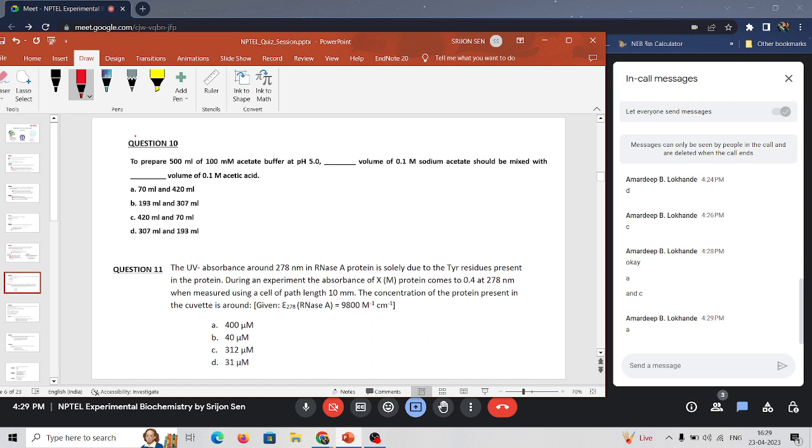So what is the formula you are going to use over here? Henderson-Hasselbalch's equation. So what is going to be the answer? After using the Henderson-Hasselbalch's equation, you have to solve this.